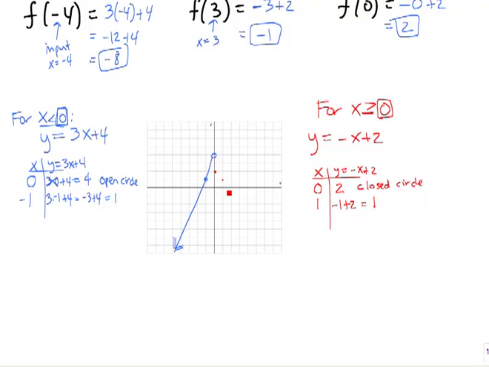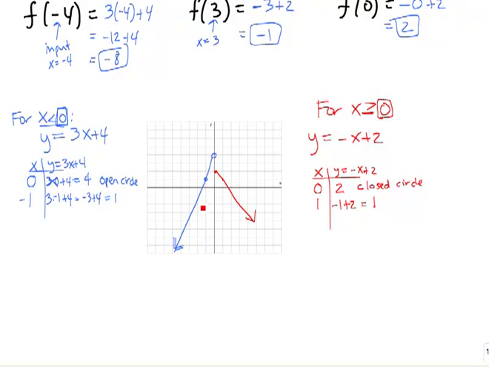And now when we go to connect our line, make sure that you don't go past 0. At 0 is actually the starting point of this line, and now I'm going to graph the line going towards the right. So we have the blue line going to the left, that's for all the x's less than 0, and the red line going to the right for all x's greater than or equal to 0. And so this is our final graph, these two pieces put together.